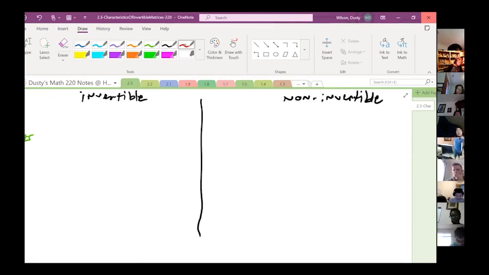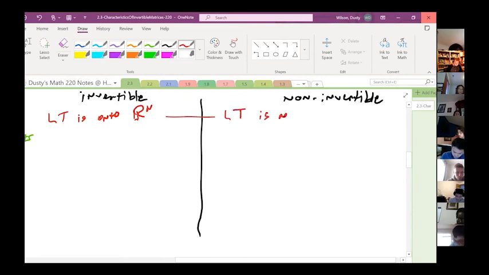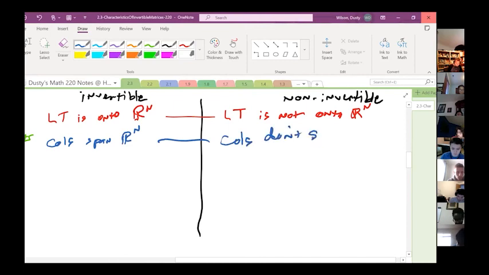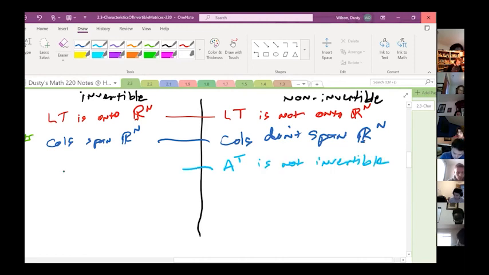Let's see. We have that the linear transformation is onto Rn, and then you'd have that it's not onto. The columns of A span Rn. A transpose is not invertible versus A transpose is invertible.